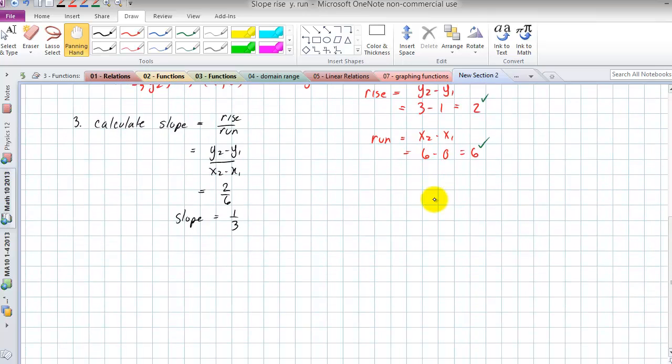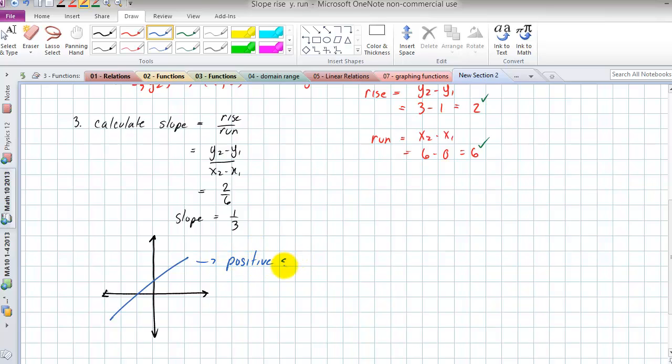Just a couple extra things I'll tell you right now. You don't have to memorize this, but it helps to at least hear it and think about it. If you have a line that's going in that direction, that's always going to be a positive slope. And if you have a graph that has a line that goes like that, that's always a negative slope.